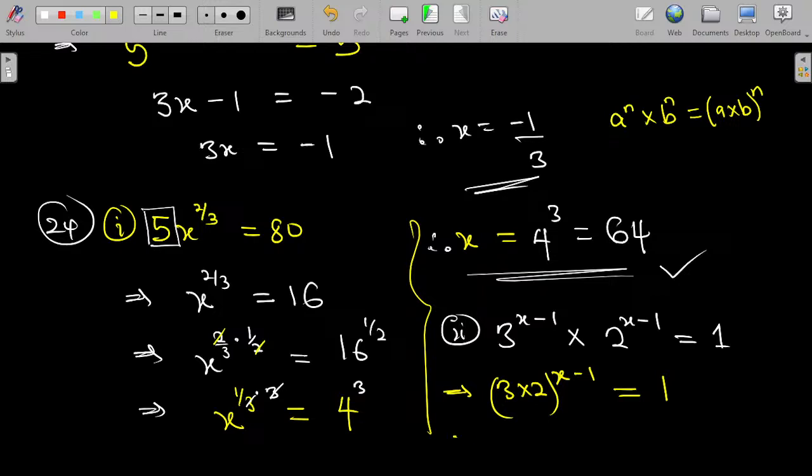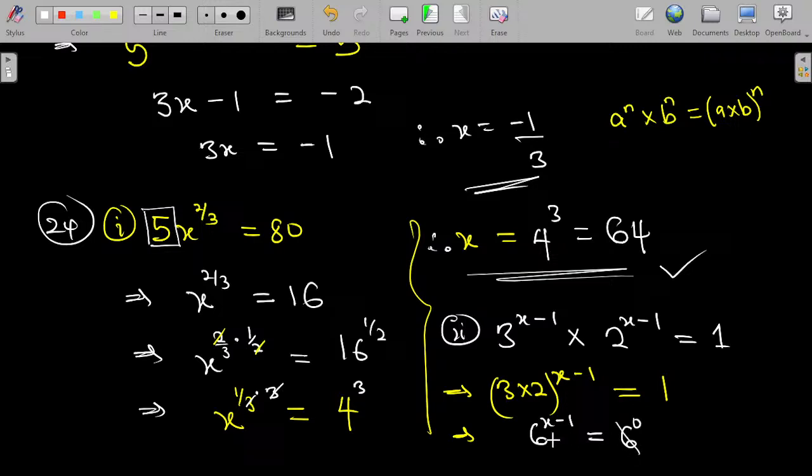Okay, this is the end of my board here before I go to a new page. So let me see if I can finish it here. Yes, I can. And so 2 times 3 is 6. So I have 6 raised to the power of x minus 1, and that is equal to, will I write 1 here on the right hand side? And my answer is no. I need to put this 1 in index form where the base will be 6. And one of the rules of indices says that any number to the power of 0 is equal to 1.